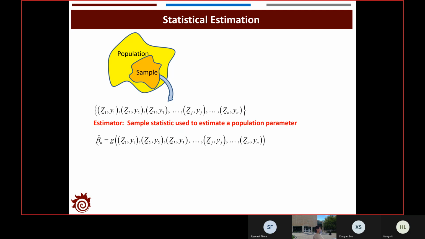It might be quite close to the population parameter, but not exactly the same. Might have some bias depending on the method you select. So we should say that beta hat is just an estimation of the true value beta in the population, but we should also be aware of the potential difference between these two values.